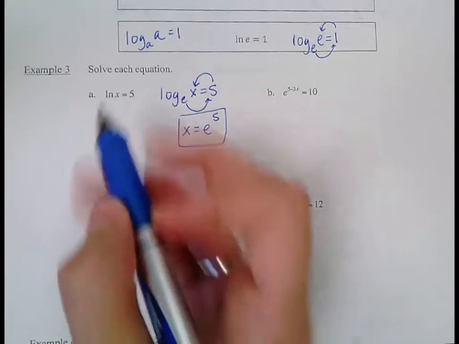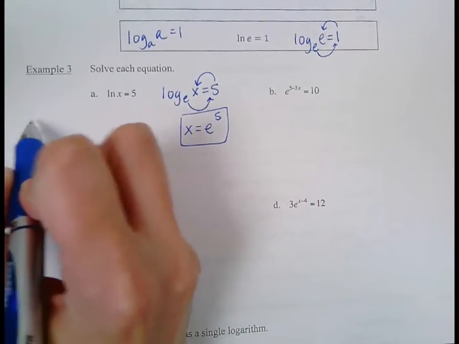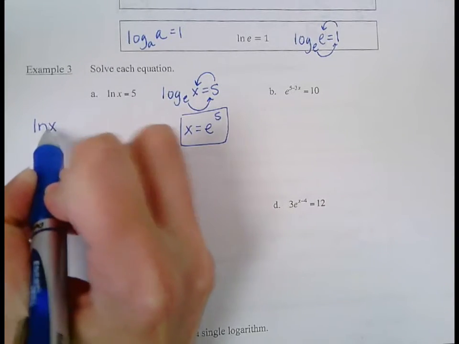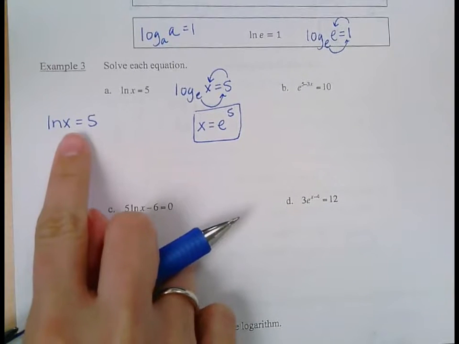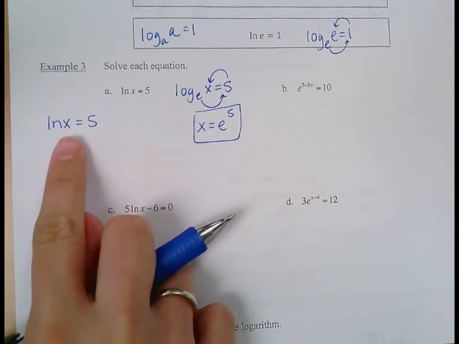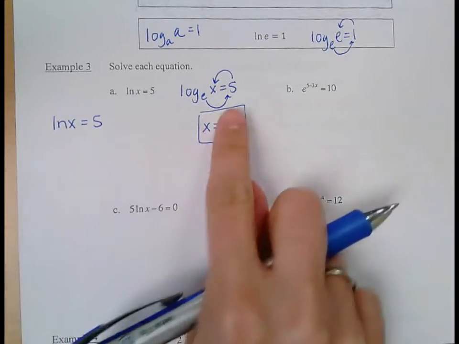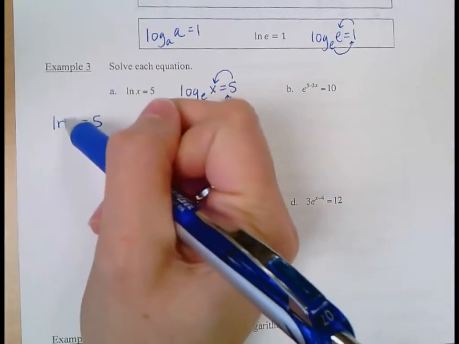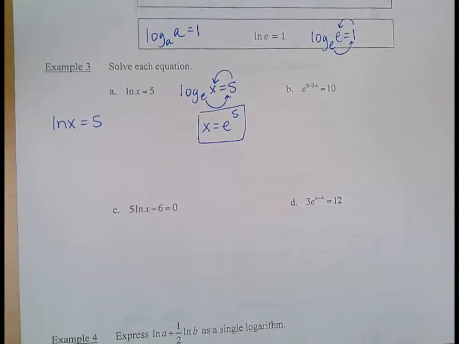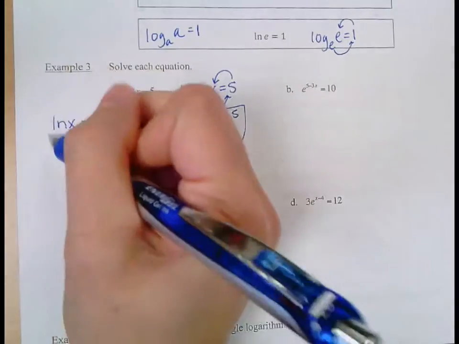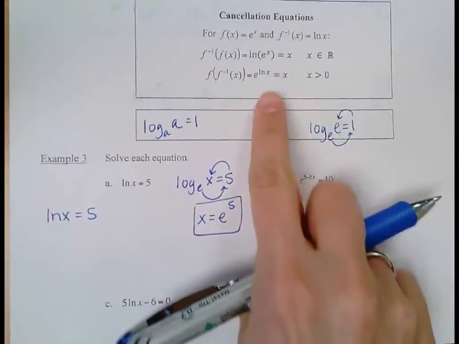Or, so I'm going to kind of go off to the side here, natural log of x equals 5. Another way to solve an equation that has natural log in it is, rather than rewriting it this way, I want to cancel out the natural log, and to cancel out natural log, I don't divide by natural log, but rather I use these cancellation equations.